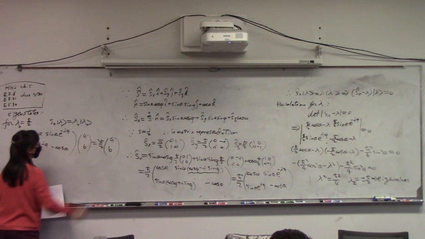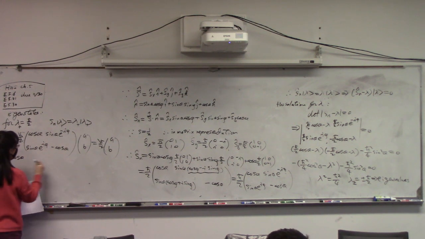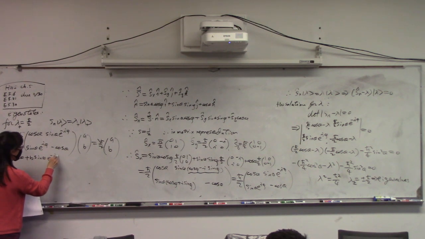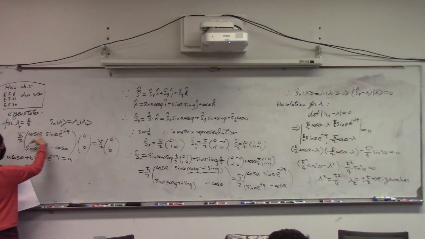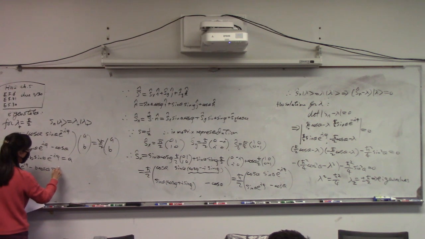Here now we can cancel. Then we have a cosine theta plus b sine theta exponential minus i phi equal to a. And then the second one, a sine theta exponential i phi minus b cosine theta equal to b.